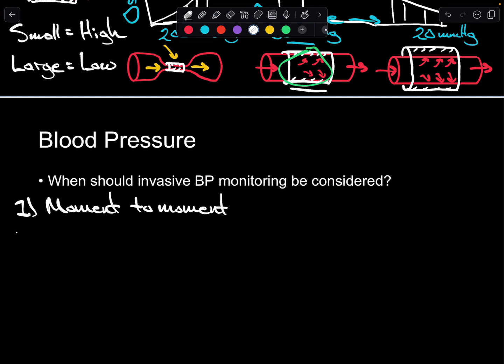Otherwise, in some cases, you might be doing pharmacologic manipulation of blood pressure, or if it's very important to reduce or keep strong blood pressure for different points in the case. So we'll just call that manipulation of blood pressure. Then you could consider placing an arterial line.